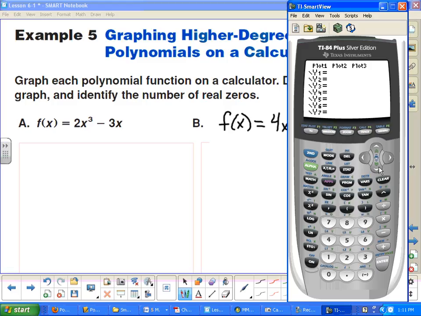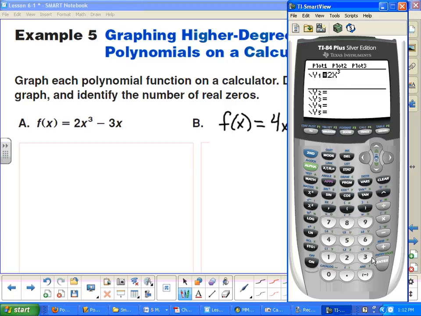Okay, now, follow me. So some of you need practice with the calculators. So I got 2x cubed. All right, now you can put the cubed in there two ways. You can use the caret key and put the 3 up there, or if you go math number 3, it'll put the 3 up there for you. Okay?